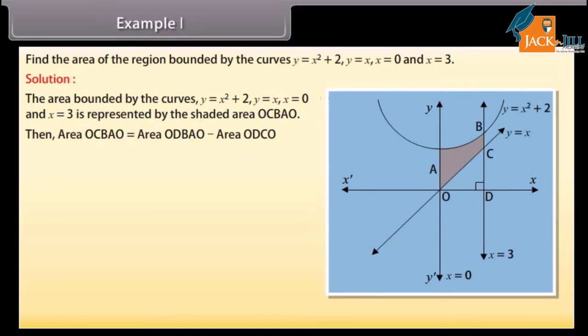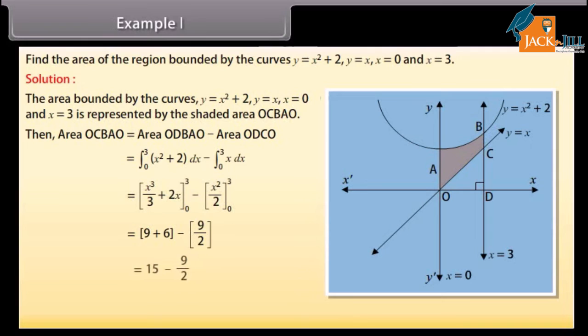Then area of OCBAO is equal to area of ODBAO minus area of ODCO. Integral from 0 to 3 of x square plus 2 with respect to x minus integral from 0 to 3 of x with respect to x. By solving we get 21 upon 2 square units.